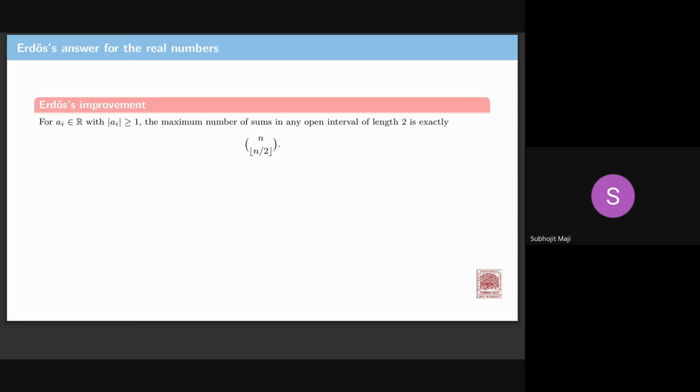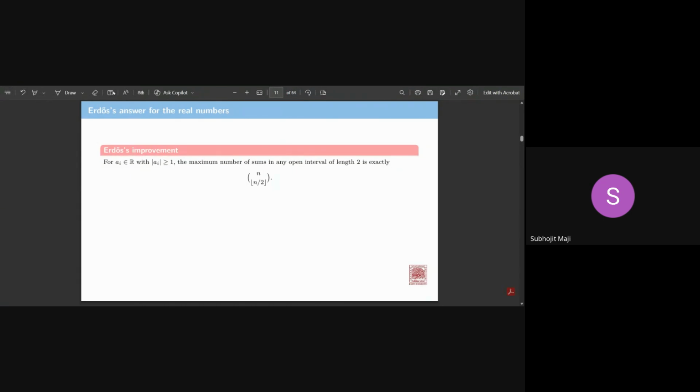Now he said that is the maximum number of sums that can lie in an open interval. An open interval is something of the form a to b, not including a and b on the edges, obviously.